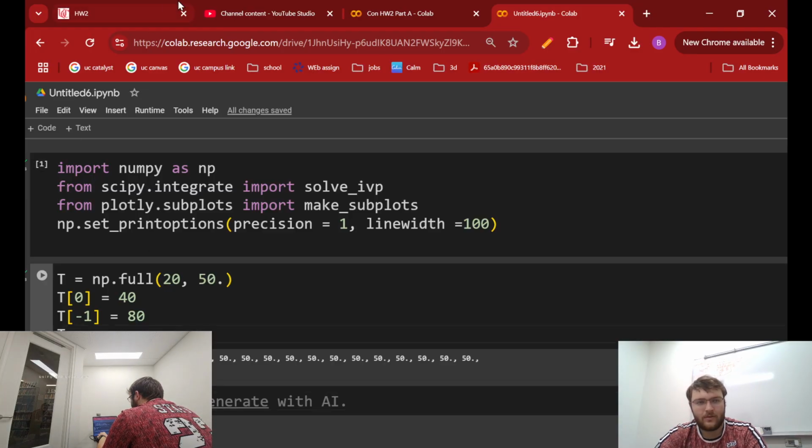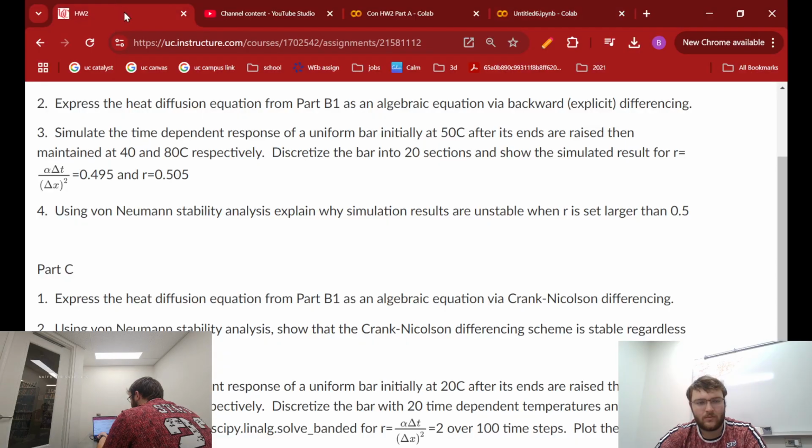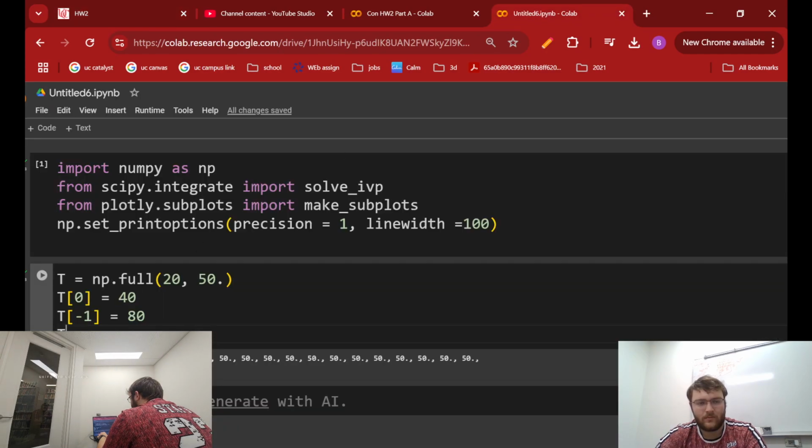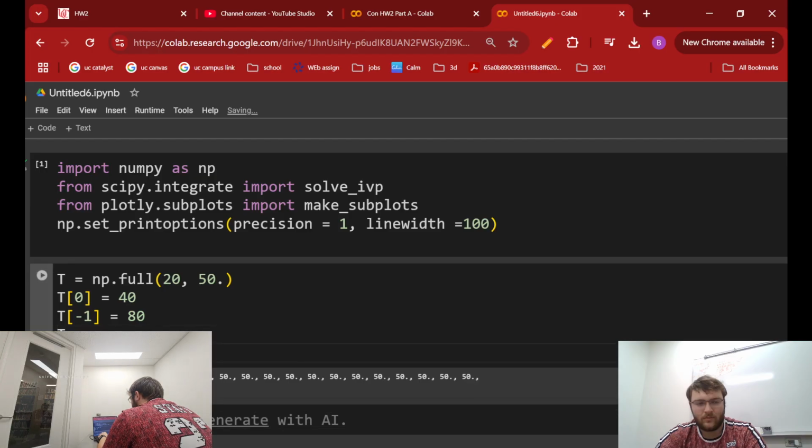And then while we're here, we'll print T. And we'll make R equal 0.5 to start.